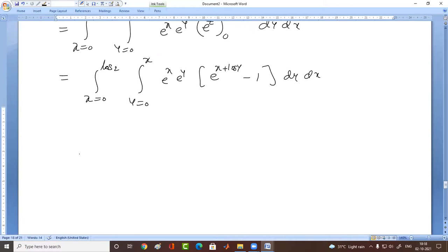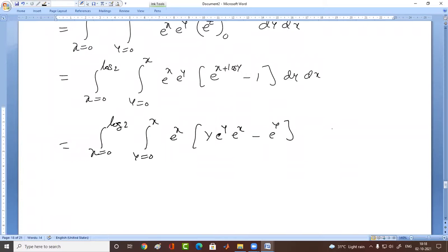Now with respect to y, x is 0 to log 2. I will simplify, then integrate. 0 to x, e power x into, now observe, e power x into e power log y is nothing but y, so inside e power y, e power x minus e power y, dy dx.